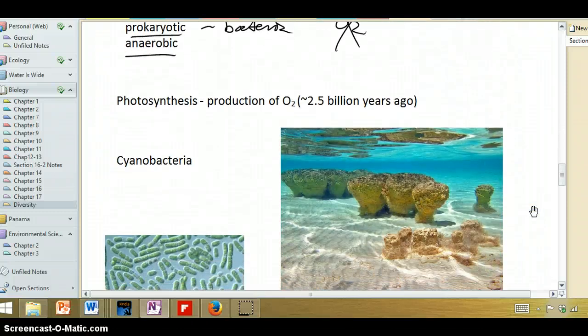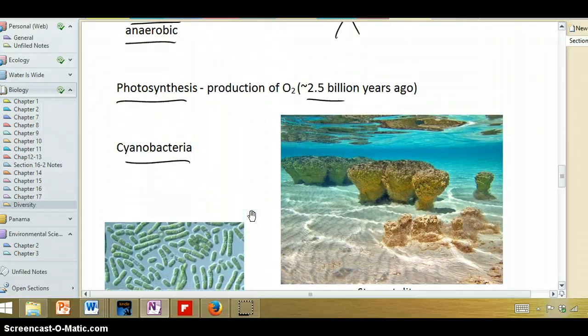From evidence in the geologic record, we think that about 2.5 billion years ago was another major step in the development of life. That is the development of photosynthesis. Some of these bacteria started to make use of sunlight as a source of energy to make food, and particularly stromatolites that I mentioned are these rock-like structures that build up over time from layers of these cyanobacteria just accumulating, and you find them off the coast of Australia primarily in relatively shallow water, you can see here.